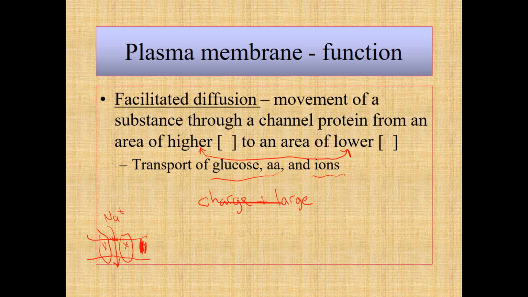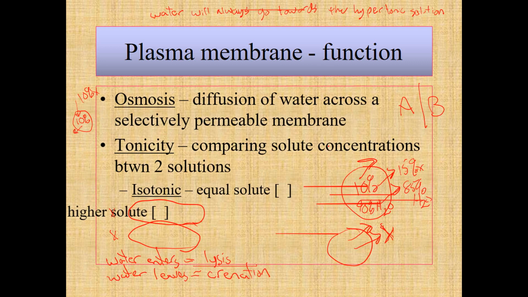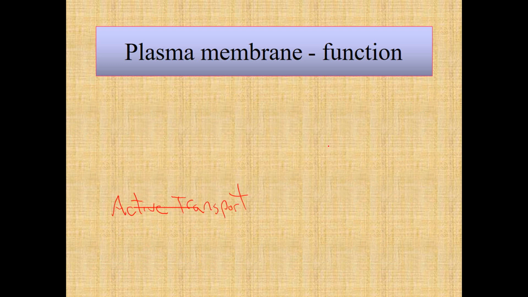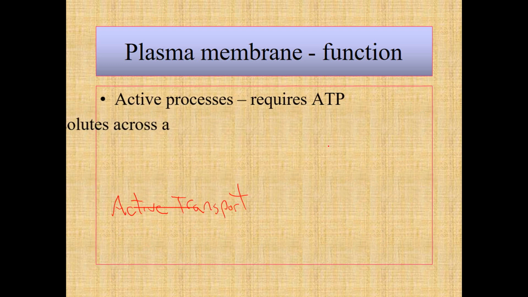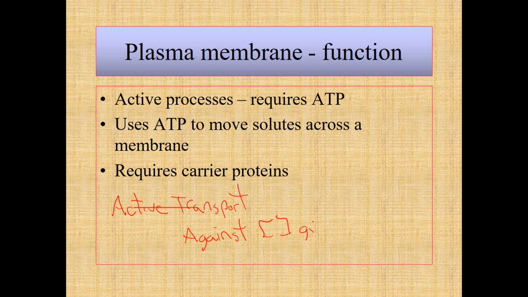All right, you might want to pause it here because I'm just going to move forward now. And so when it does that, we say that it goes against its concentration gradient.